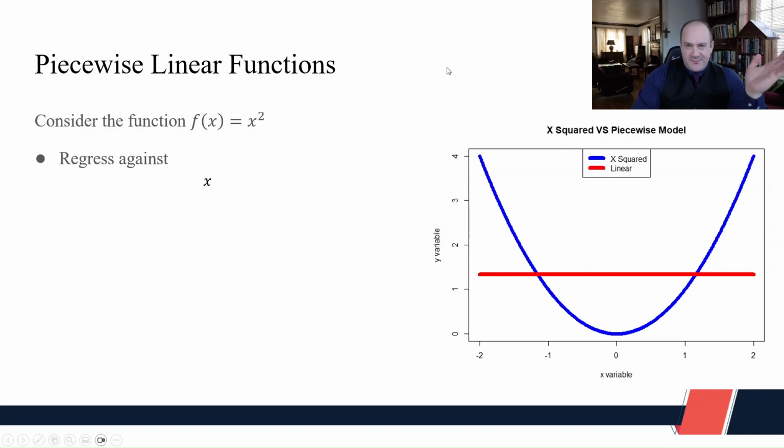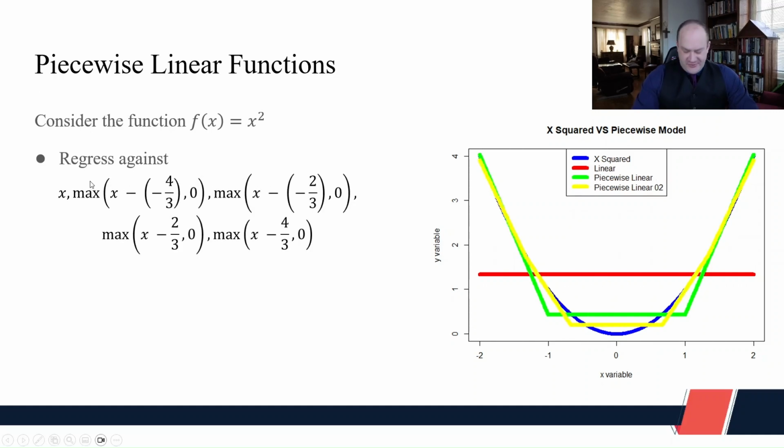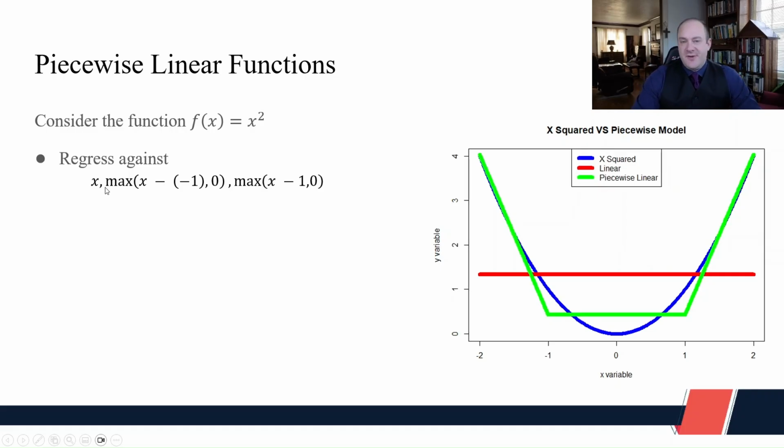Okay, so where do piecewise linear models come in? Well, we'll take a first pass at it, and we will consider a model, but now we will transform our variable x. We're not just going to let it enter in a purely linear fashion. We're going to transform it. So not only do we have x here, but we also have a transformation.